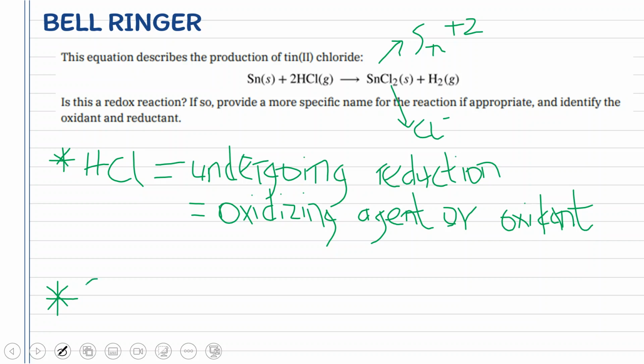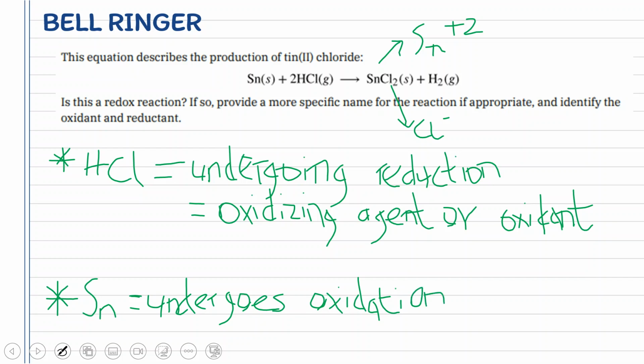So Sn, which is tin, undergoes oxidation, because tin is the one that loses the electron.